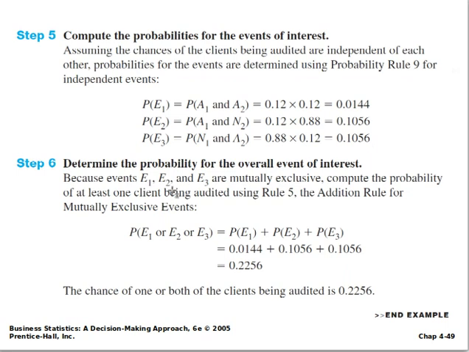Because events E1, E2, and E3 are mutually exclusive, compute the probability of at least one client being audited using Rule 5, the addition rule for mutually exclusive events, where P of E1 or E2 or E3 equals P of E1 plus P of E2 plus P of E3, which is equal to 0.2256.